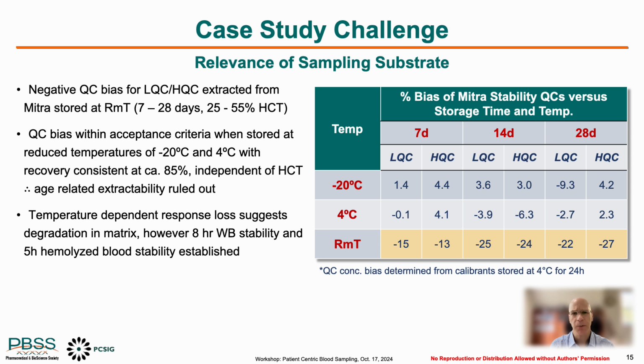However, we established 8 hours of stability in whole blood and 5 hours of stability in hemolyzed blood. And I'll just note that hemolyzed blood stability can be a useful diagnostic as RBCs do rupture upon drying, and analyte is in a semi-wetted state for a brief period in the presence of those intracellular components which may play a role in drug transformation.